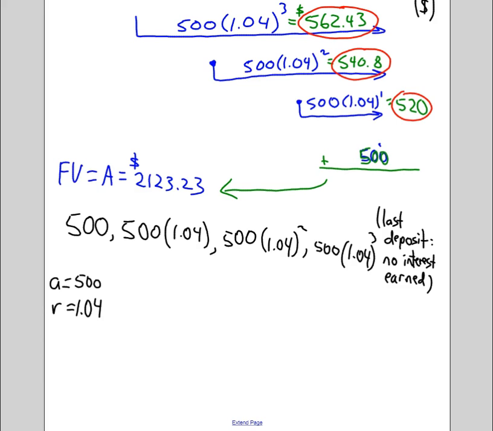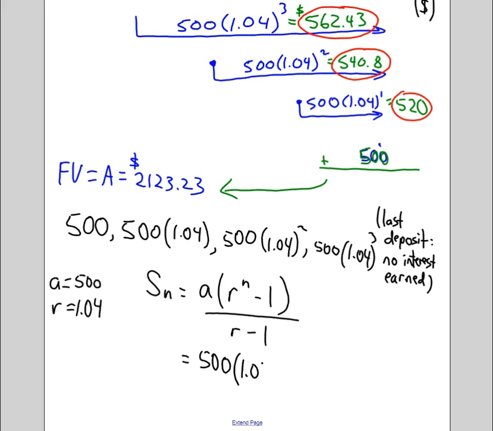And we know how to sum the terms in a geometric series, don't we? In this case, the sum of a geometric series, according to the formula that we've seen previously, is A, bracket r to the n, subtract 1, all over r, subtract 1. In this case, we could load in our first term, which is 500. r would be the common ratio of 1.04.